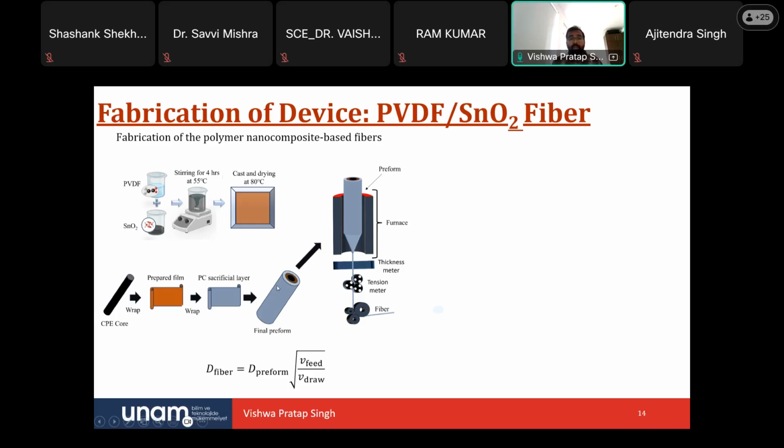Then you load it onto the fiber tower. The fiber tower has a furnace, and it is quite semi-automatic. I have a video here, I will show this video. You put the preform over the furnace.